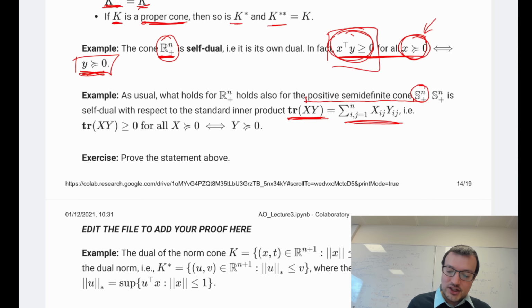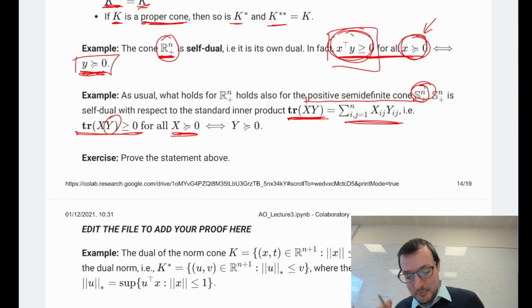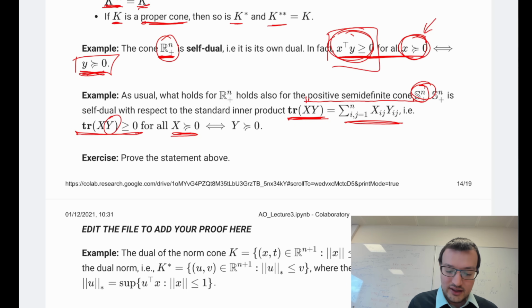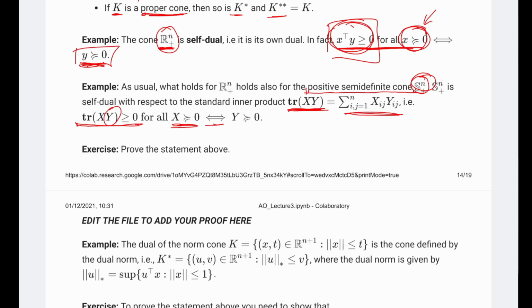So that means essentially that S plus is self-dual means that the trace of XY is greater than or equal to 0 for all X positive semi-definite if and only if Y is again a positive semi-definite matrix. The proof of this is left as an exercise.